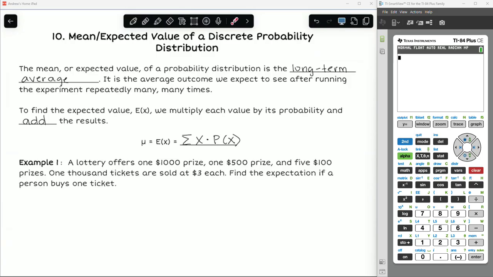And you'll remember we saw this symbol when we talked about the mean as well. That math symbol means sum, or to add up all the values. So we're going to multiply x times p of x, and then add up all those values.